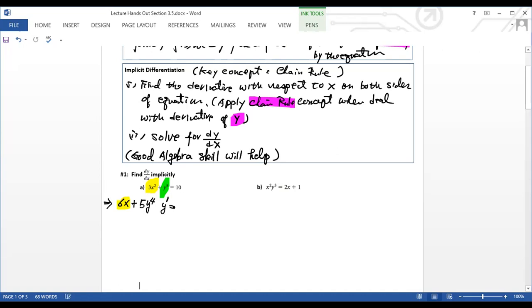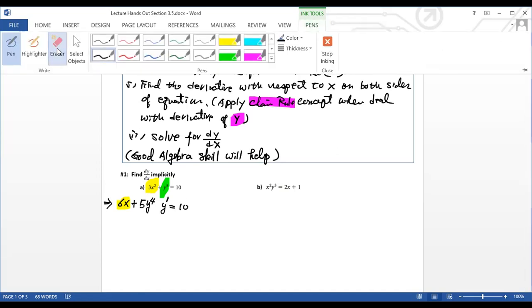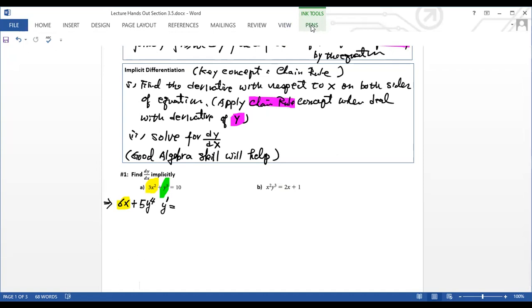And then here, the 10, you take the derivative for x, what is the derivative of 10 here? It is 0.